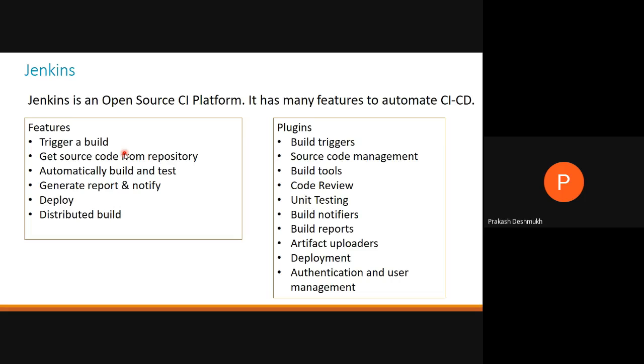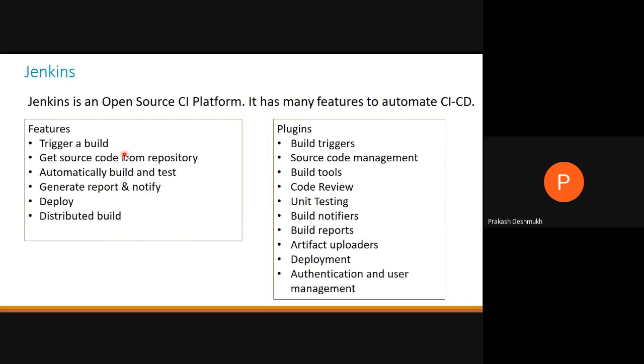And then generate report and notify. When the build is successful, you can configure the notification to whom it should go. And you'll also see the complete report of build and code review, unit testing, all those reports. And then automated deployment, not just on hosted environments, but on cloud also, in Docker also. So those deployment features are available.